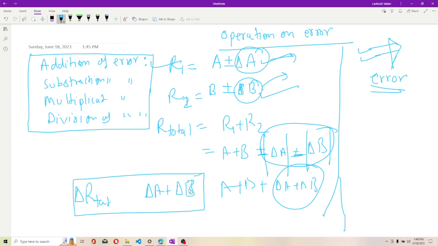So you have to just add those two absolute errors in addition. And even in subtraction you have to add the two errors. Like delta R total is equal to delta A plus delta B. That is what you have to do in subtraction.